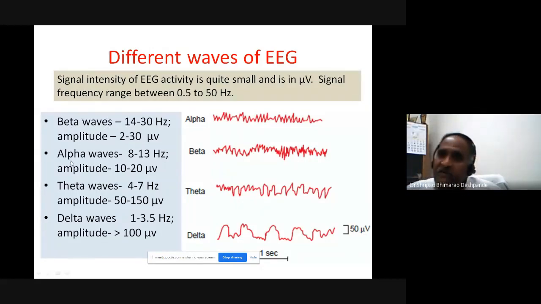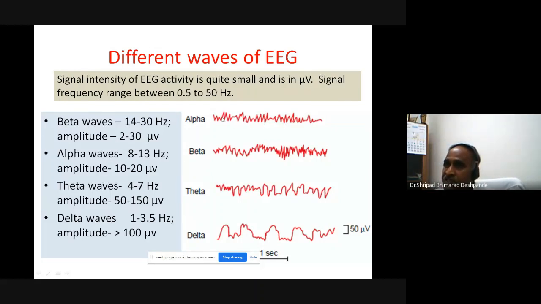I will start with alpha waves. These alpha waves are the waves in which the person is sitting quiet in a dark room with no sound, and is not disturbed. He closes his eyes, and when he sits like that, he gets the activity something like this. So this activity is an alpha rhythm or alpha waves.